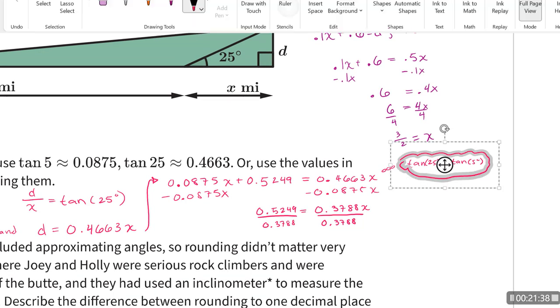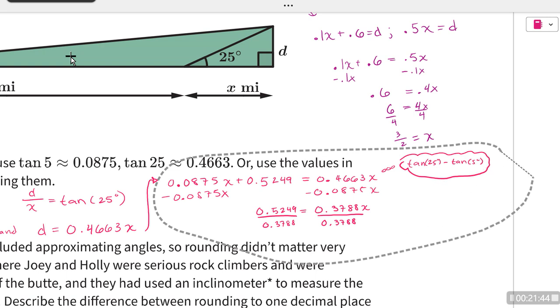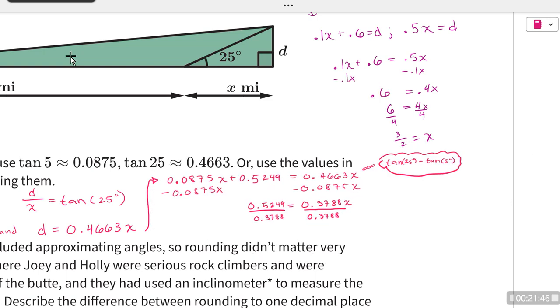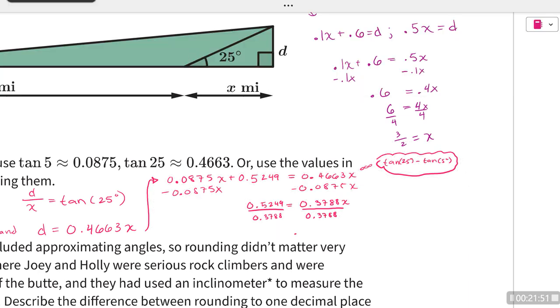Okay, once I do that, I get about 1.3857 and so on. I'm going to make this a little smaller so I can fit that underneath. Okay, good. So x is, what is our unit here? Oh yeah, miles.